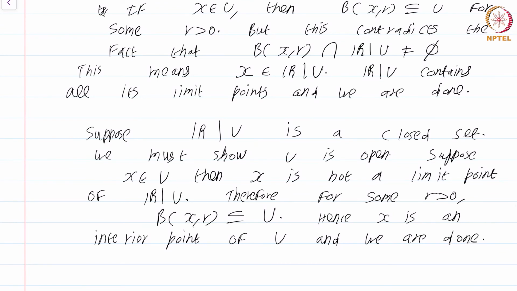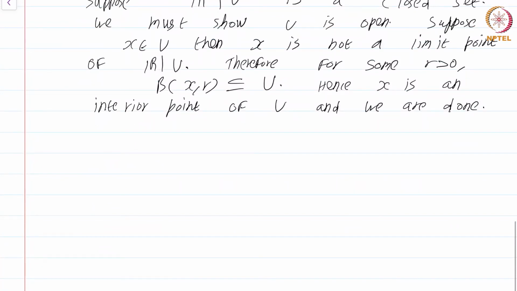Okay. So what we have done is we have shown that a set is open if and only if its complement is closed. So they are both dual notions. Now I can immediately write down this proposition.